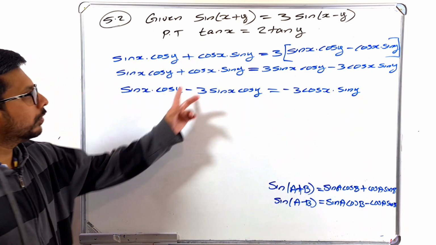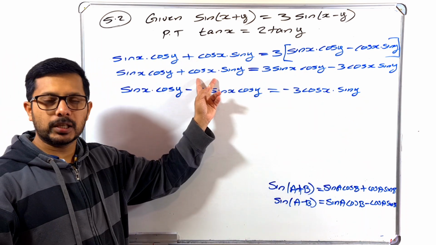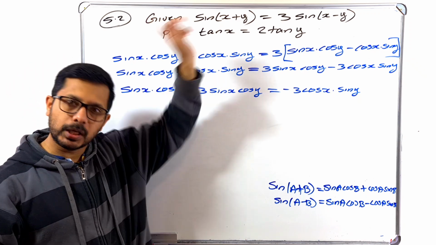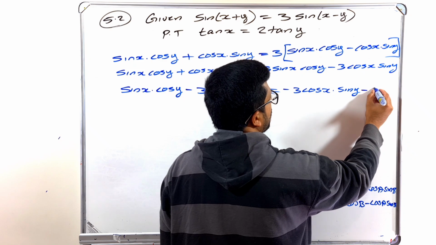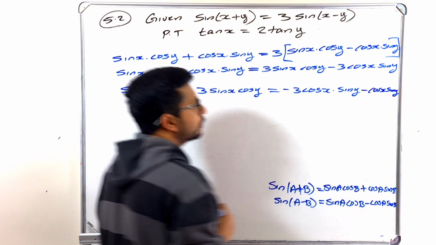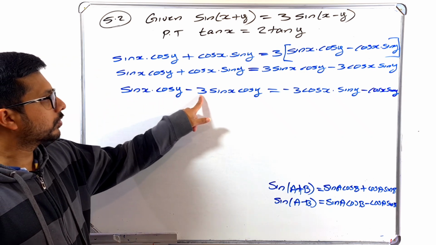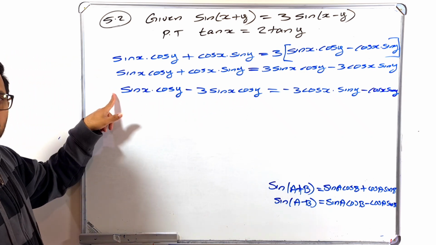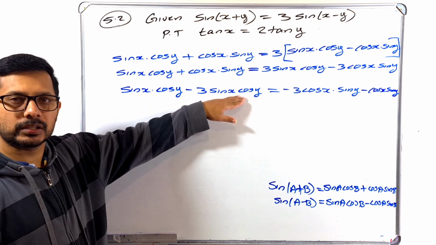Okay, now cos x sin y, these two are like terms, so I'm going to take this one to the other side. So it is minus cos x sin y. So what is this one? Sin x cos y minus 3 sin x cos y. What is the number here? 1. These two are like terms, sin x cos y, sin x cos y.